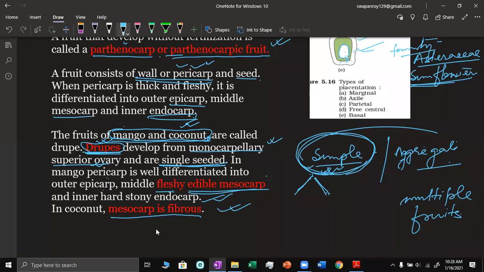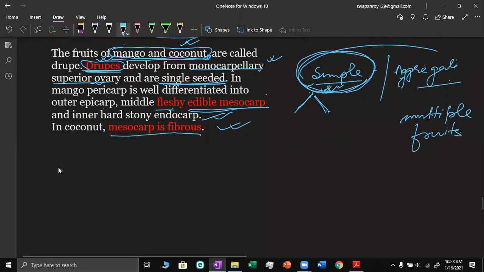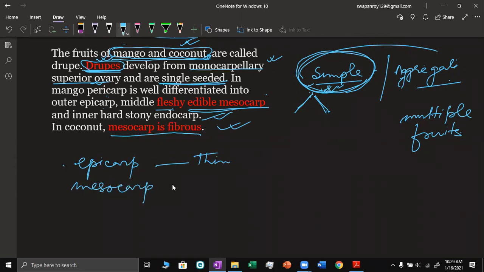But what happens in case of coconut, the epicarp is very thin. And the mesocarp is fibrous. That spongy fibrous portion, the major part of the coconut, what we throw, that fibrous portion is mesocarp.